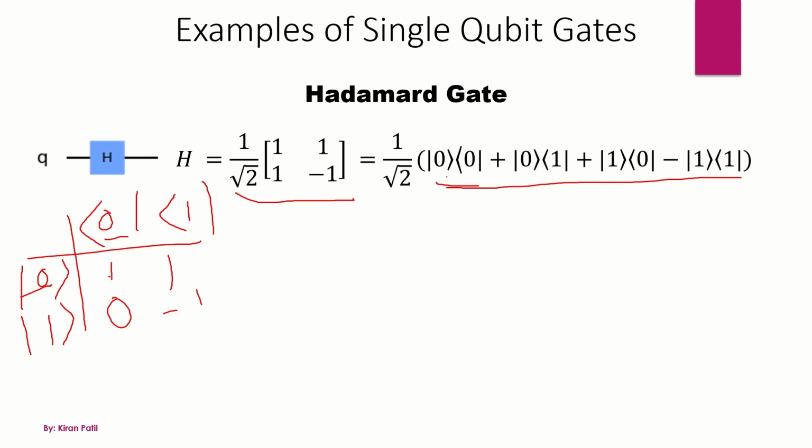Then plus, ket 0 bra 1, this is also 1. Then ket 1 bra 0, this is a 1. Then this is a minus, so ket 1 bra 1, and this minus symbol, that is minus 1, comes over here. So like this you can form the equation for the matrix.